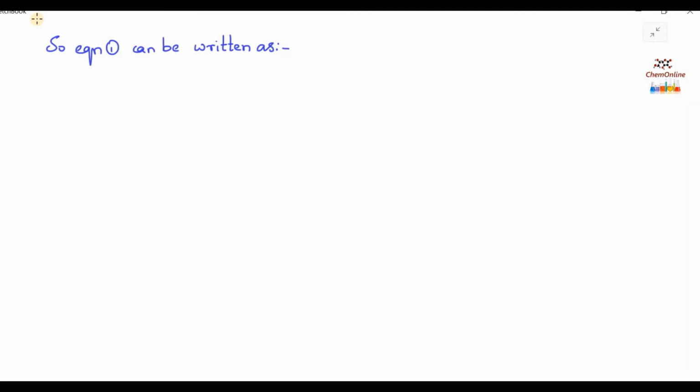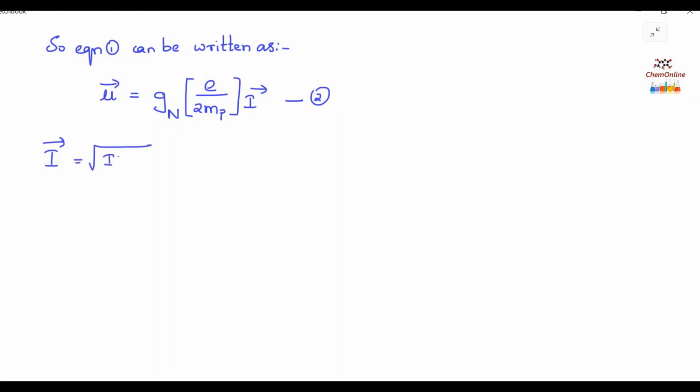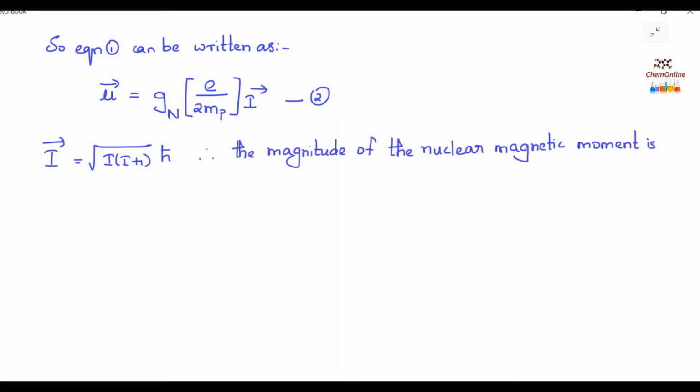So equation 1 can be written as vector mu equals Gn times e by 2mp times vector I. The magnitude of the spin angular momentum vector I equals root of I(I+1) times h cross. Therefore, the magnitude of the nuclear magnetic moment is mu equals Gn times e by 2mp times root of I(I+1) times h cross.